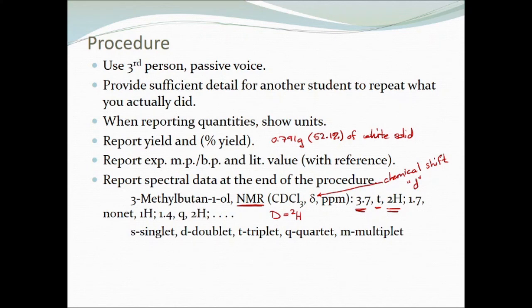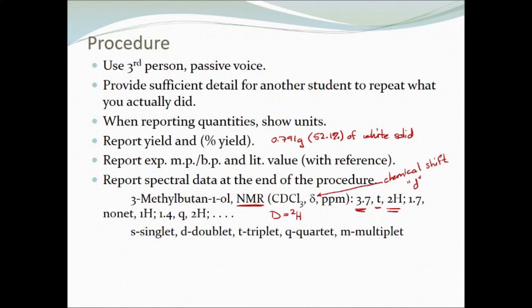So there might be a 0.7 under the peak, but if that corresponds to 1 hydrogen, you would put 1 H there. So this would indicate we have a peak at 3.7 ppm, that it's a triplet, and 2 hydrogens. Another peak at 1.7, with the splitting and an integration of 1 hydrogen.